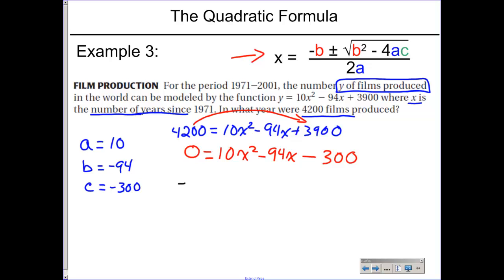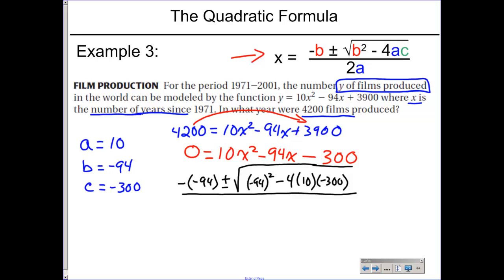So negative B, so negative times negative 94 plus or minus the square root of, and then b squared is negative 94 squared minus 4 times a, which is 10, and times c is negative 300. And we're going to have a large number there. And this whole thing is going to be over 2a, and a is 10.